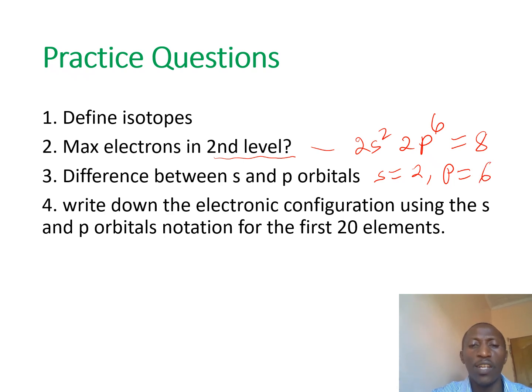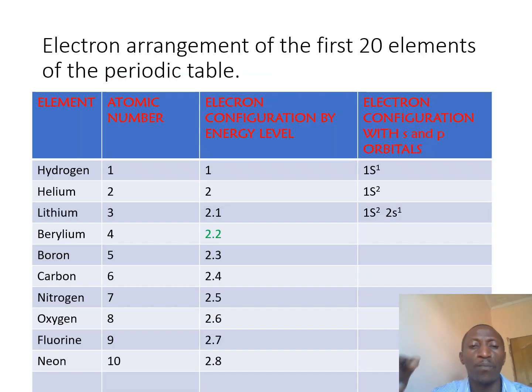Write down the electronic configuration using the s and p orbital notation for the first 20 elements. This is a practice question which I would like us to do part of together, and then the other part viewers you'll do at a given time. We take element number 1, hydrogen, atomic number 1, 1 electron.